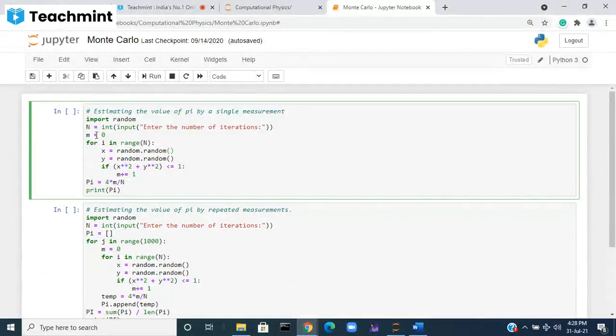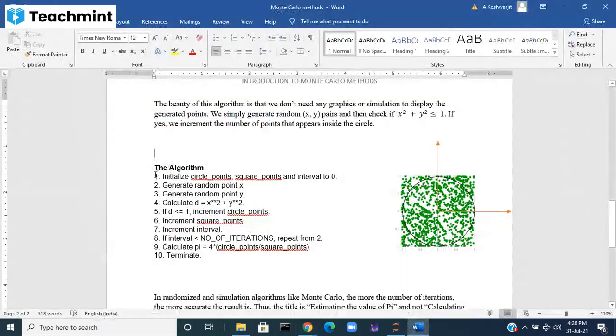So m is the number of points which lie inside the circle. Initially the number of points which lie inside the circle in the first quadrant is 0. So this is step number 1, initialization of the number of points, and the number of iterations we have kept as capital N.